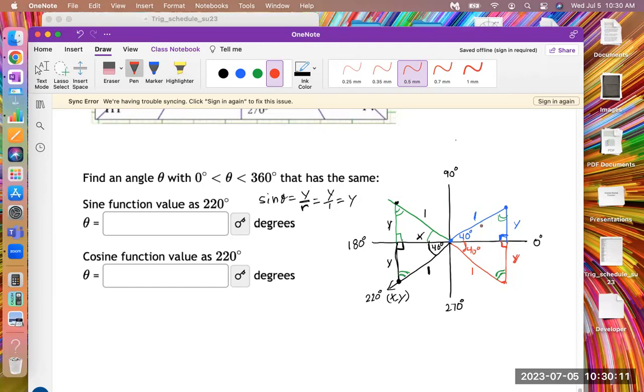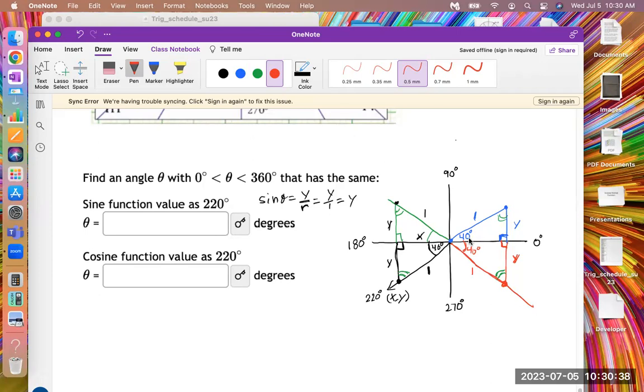And so the blue triangle and the green triangle are not the answers here. The angles that result from those triangles are not the answers. The answer they want here is the one in this fourth quadrant. So now it just becomes a matter of, we want the angle whose terminal side lies on this point.